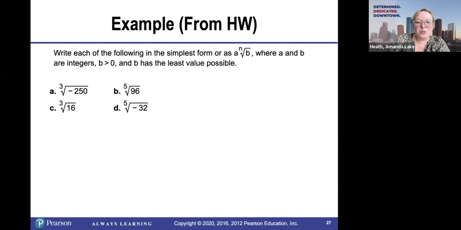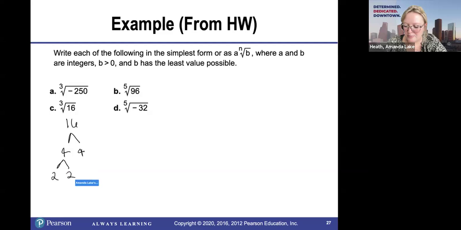Now, for the cubed root of 16, again, I'm going to take 16 and factor it as much as I can. So 16 is 4 times 4. 4 is 2 times 2. So 16 is equal to 2 to the 4th power. Now, something I want you to observe here is that 2 to the 4th power is the same thing as 2 times 2 times 2 times 2. And we can group those together by the associative property so that we have 2 cubed times 2.